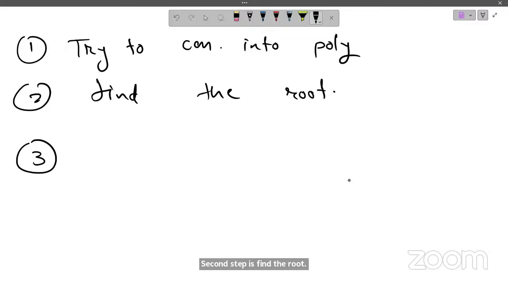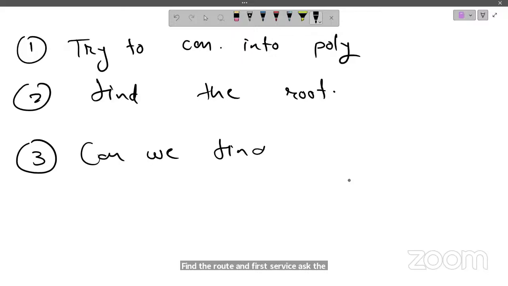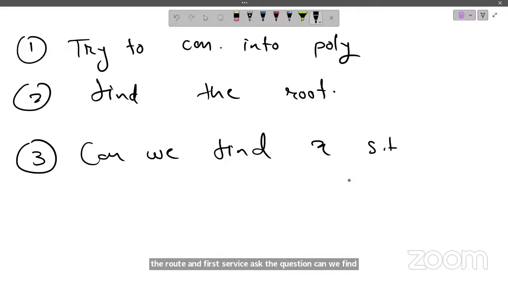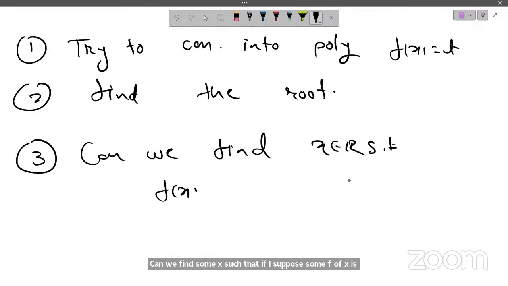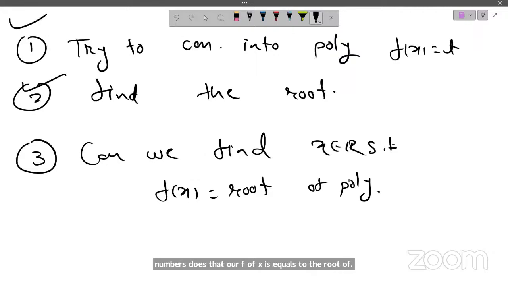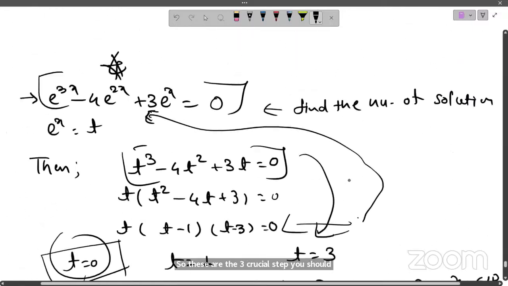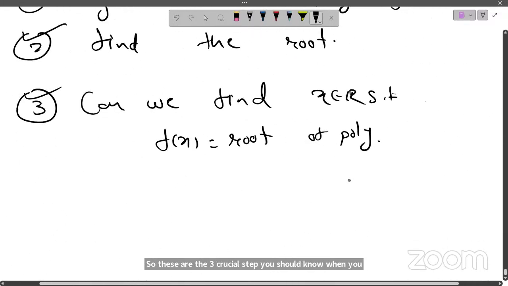And third step is to ask the question: if I suppose some f of x is equal to t, can we find an x belonging to real numbers such that f of x is equal to the root of the polynomial? So these are the 3 crucial steps you should know when you solve this question. Okay, fine. So you got it? Yes, ma'am.